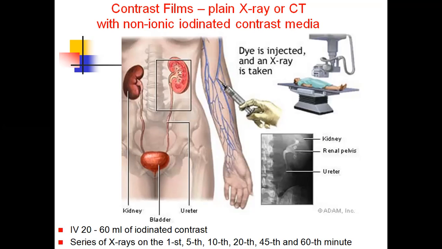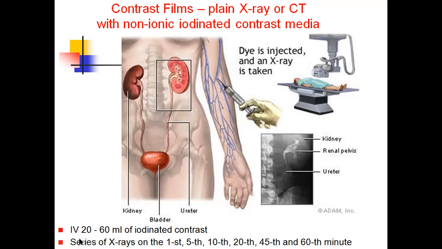Contrast films, I mean plain X-ray or CT with non-ionic iodinated contrast media, which are injected prior to examination in a peripheral vein, and after that X-ray or CT scans are taken.